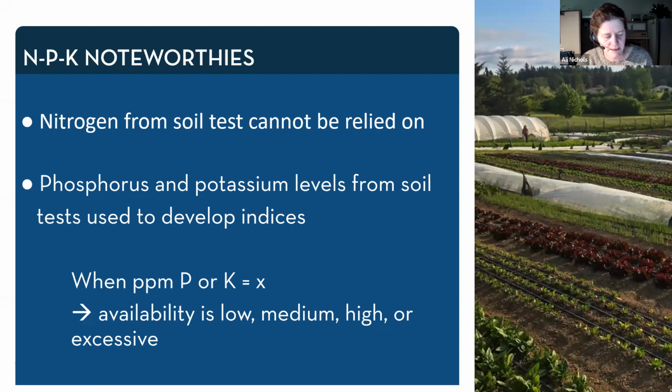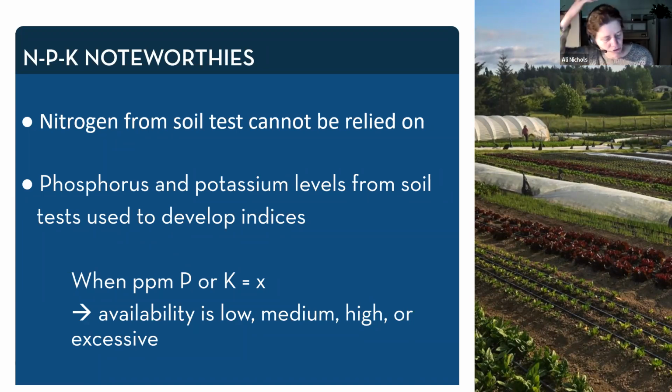I just wanted to take a few minutes to point out a couple of small but important details. We've noted that the nutrient values on your soil test are reported as parts per million. I do have a function in the spreadsheet that will take the soil test nitrate nitrogen and make a prediction of how many pounds per acre of nitrate nitrogen would be available to the crop.